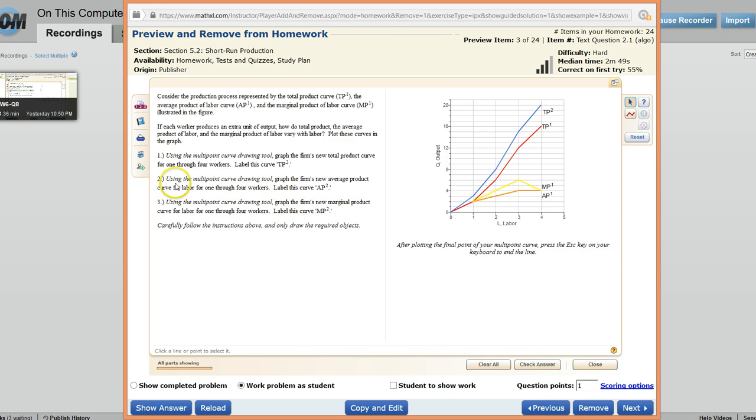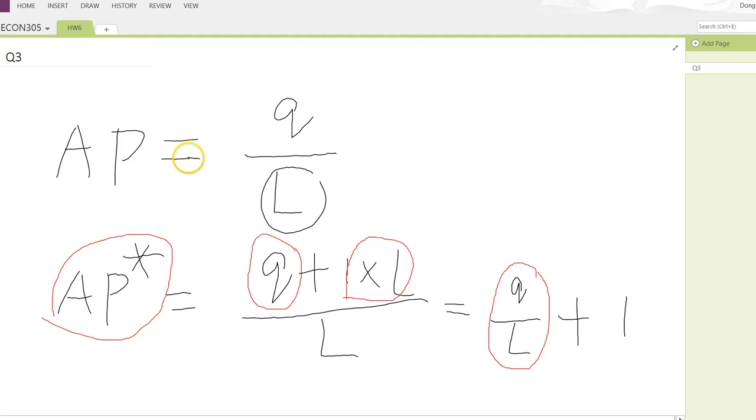For the second part, it asks for the average product curve. It might be helpful to show what I did in this exercise. The AP stands for the original average product, which equals the total product divided by the labor. And this AP star is the new average product.